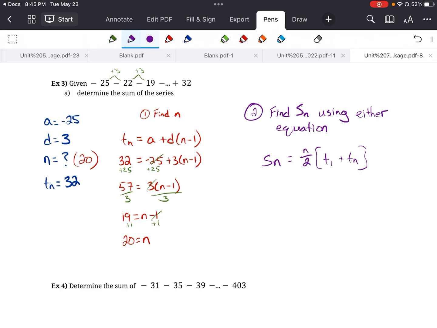Okay, because we know the first term, we know the last term, we now know n. So S, the sum at term 20, will be positive 70.